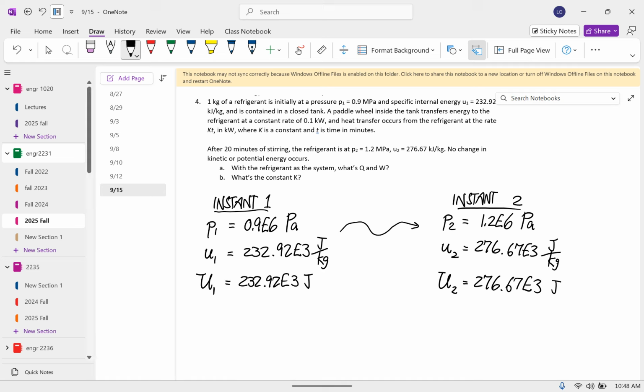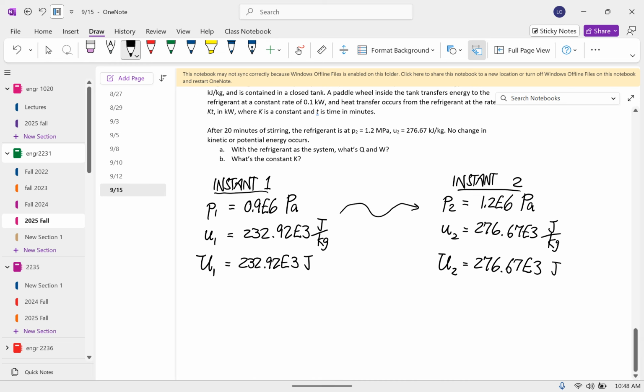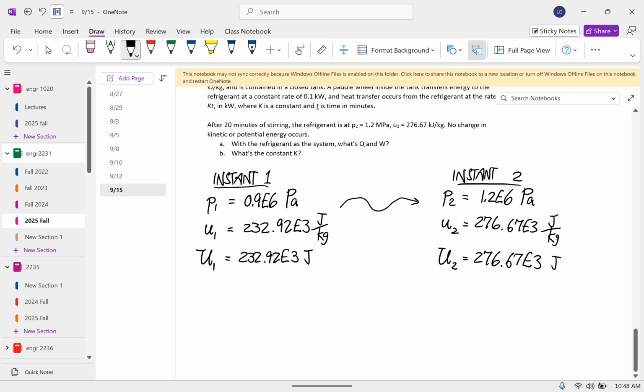But if we're going to use the first law, that has to be the true internal energy, and that's why I wrote them both down here. They're the same numerically in this case, just because it's 1 kilogram. To go from specific to true, you multiply by the mass, but the mass here was 1 kilogram.